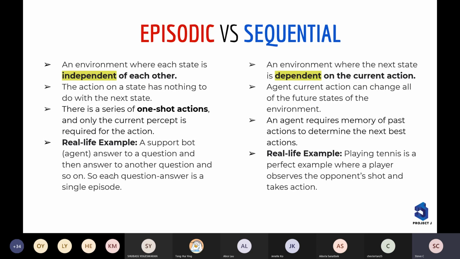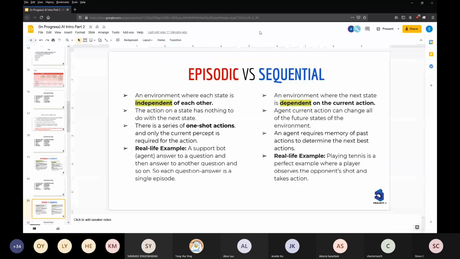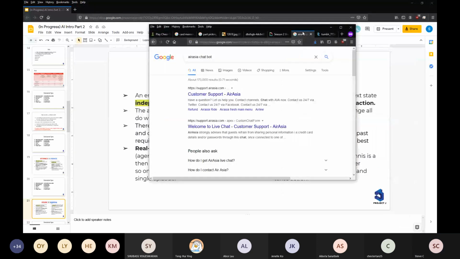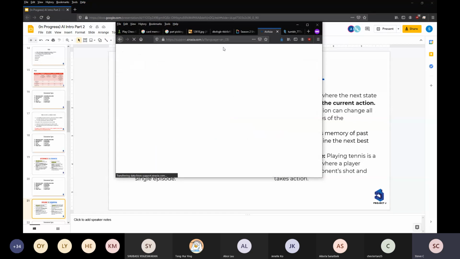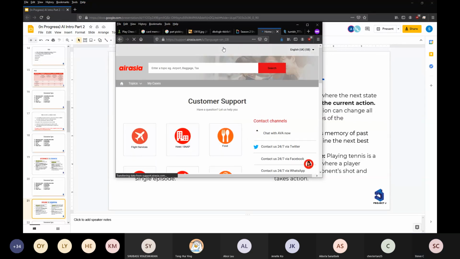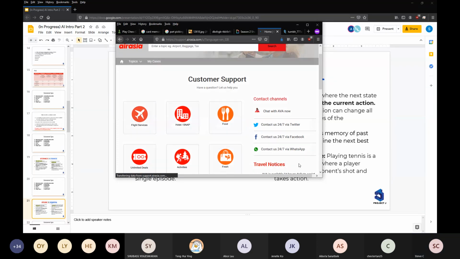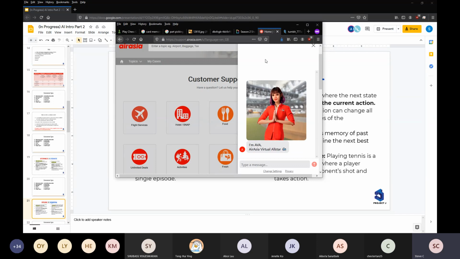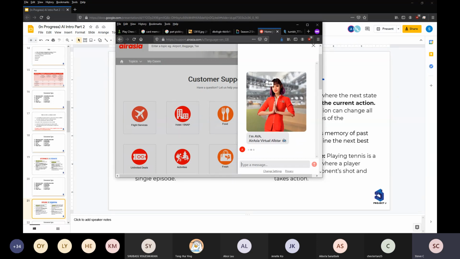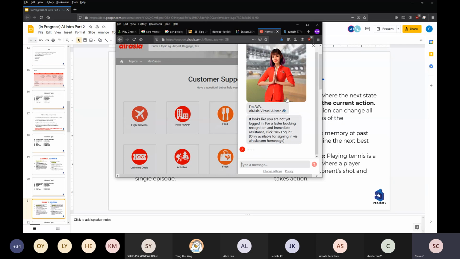Let's go to a chatbot example. The chatbot that I think most of us will be familiar with would be something like an AirAsia chatbot. So Ava here is the chatbot. I would typically use this to check my flights and maybe to process a refund, right?